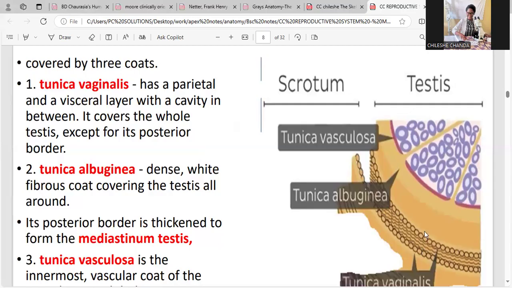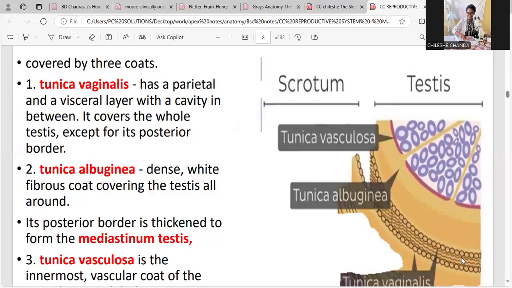The tunica vaginalis has two layers. Remember, even the peritoneum has two layers. We have the parietal peritoneum, which is nearer to the abdominal wall, and then we have the visceral peritoneum, which is adherent to the abdominal organ.